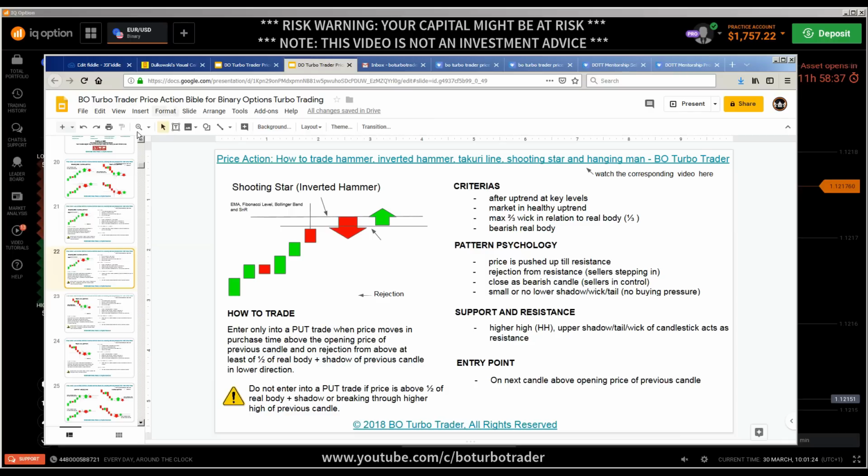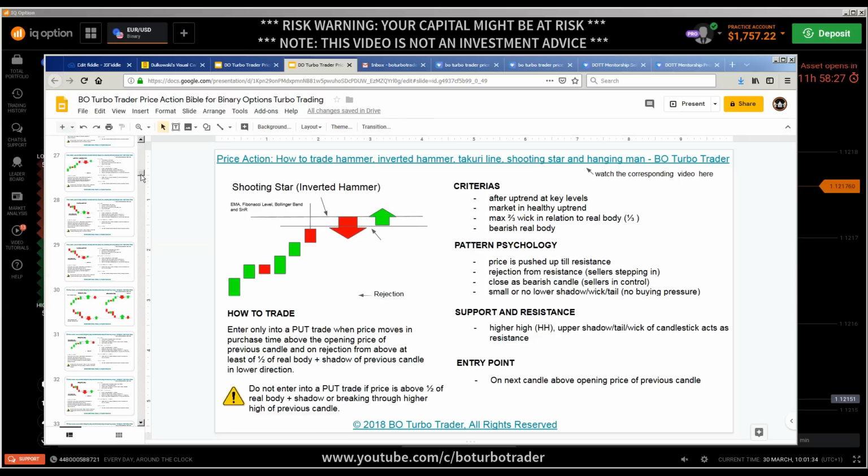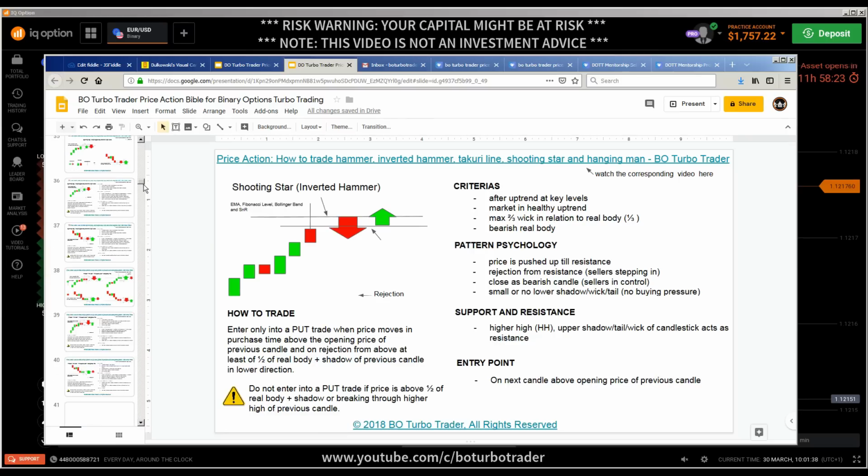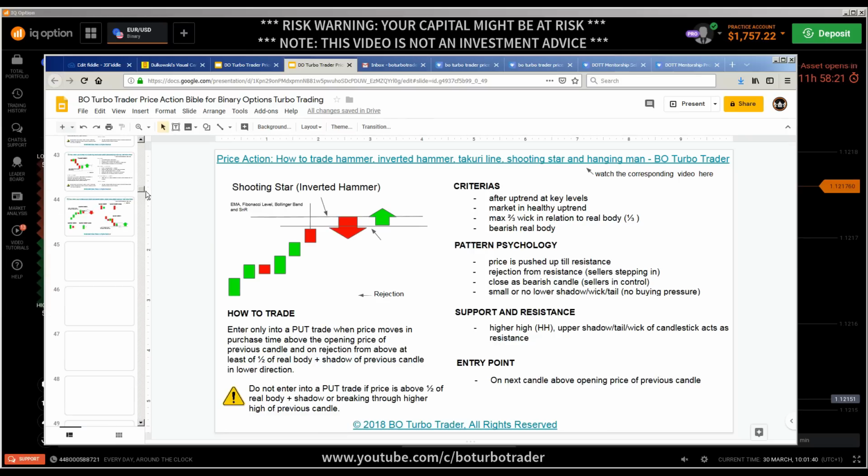So okay, that is what I want to tell you here about the price action Bible. The price action Bible has 270 pages, full of price action content and context stuff, obviously: key levels, trend, everything that is included in the price action guide. You see there are so many pages.